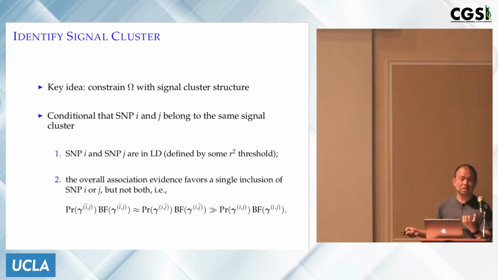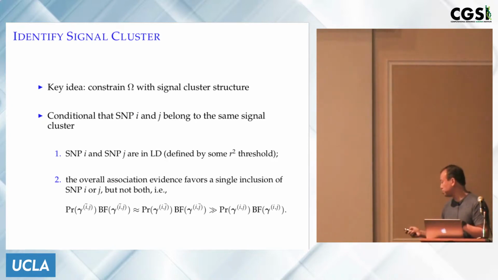The unnormalized posterior probability. However, the key point is if you put both things into the model, you will see a dramatic drop of the posterior probability, at least for the unconstrained one. Why? Because if the two SNPs correspond to one signal, and you include both of these into the model, it doesn't really increase the likelihood.